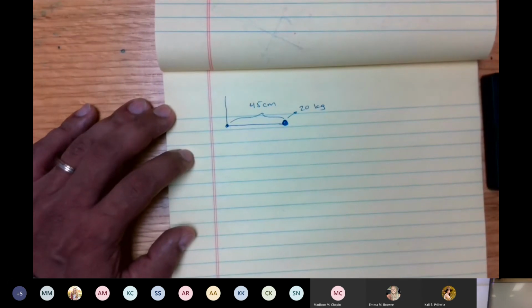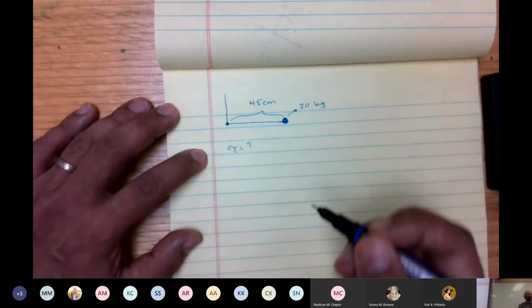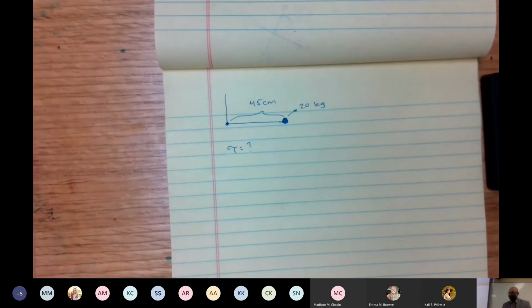Okay, so what I want you to try to do is to calculate the torque. Give it a try, see if you can calculate the torque on your own.